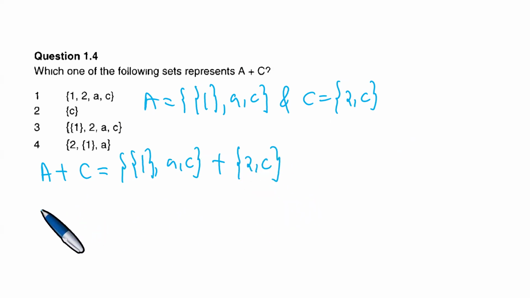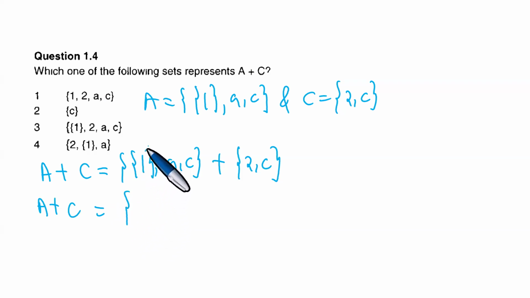Plus 2C. Okay, so when you add these particular sets, you have to look very carefully, think extra carefully, and look at the following. So the sum of the two sets, A and C, is defined as follows.